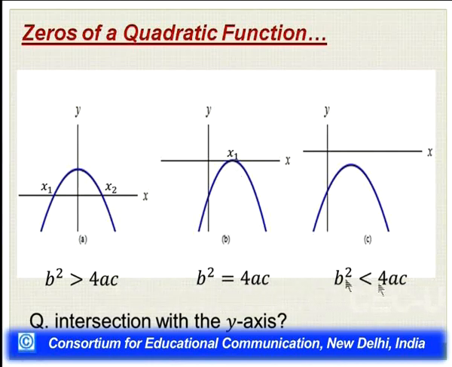And if b square is strictly less than 4ac, here we have no real roots, in which case the parabola lies below the x-axis and does not intersect or touch the x-axis anywhere. So what we have seen here is that depending on the sign of b square minus 4ac, our parabola may or may not intersect the x-axis.